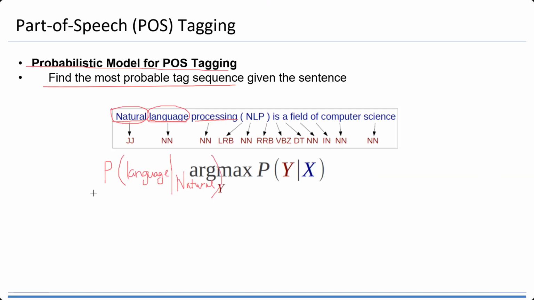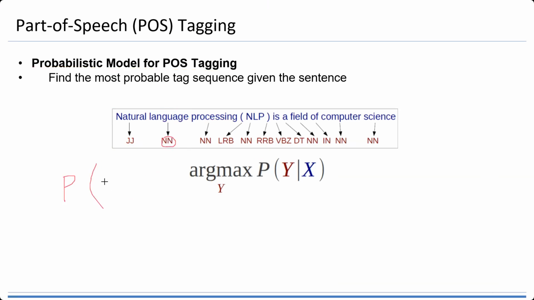If the probability is high, we can define the tag. Or we can also use a different probability: what is the probability that the tag NN is followed by JJ? If we have a high probability, then we can determine that this is JJ and this is NN.